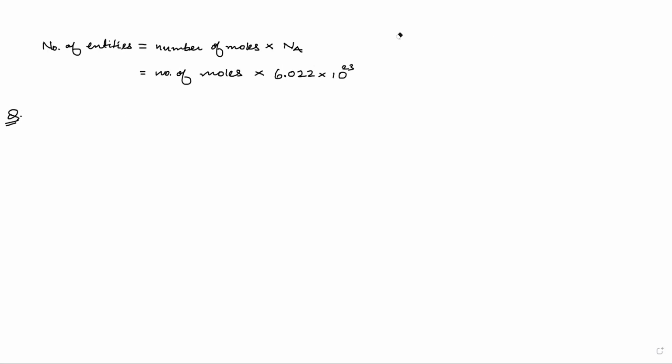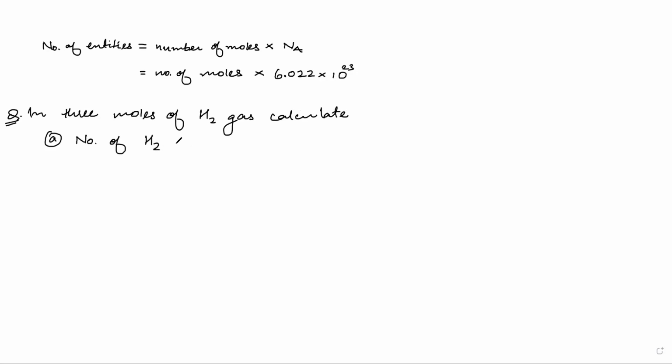In 3 moles of H2 gas, calculate A part, number of H2 molecules. So what will be the answer for this one? How many H2 molecules will be there if we have 3 moles of it?